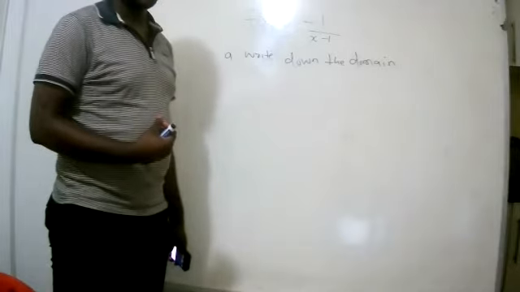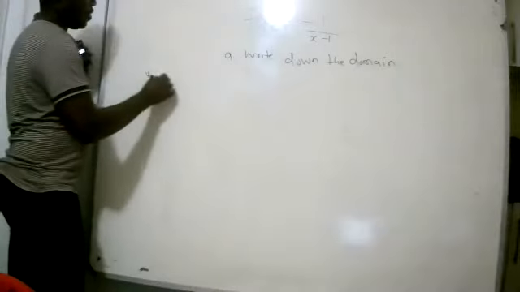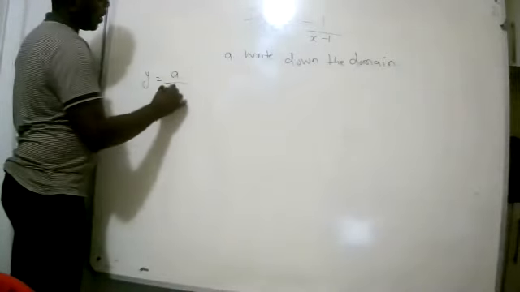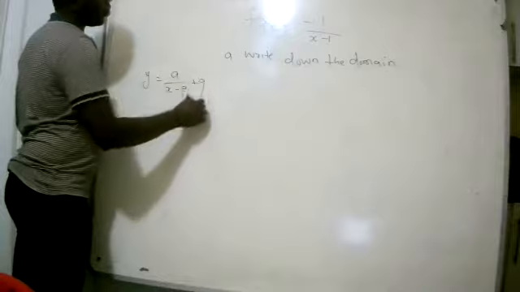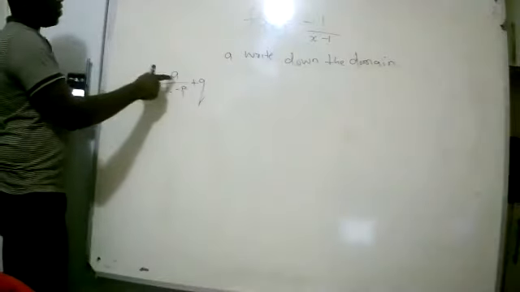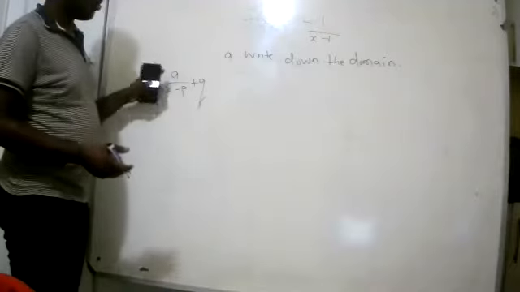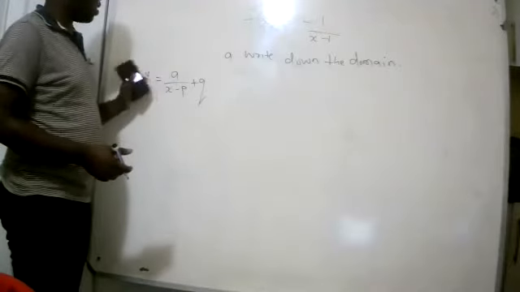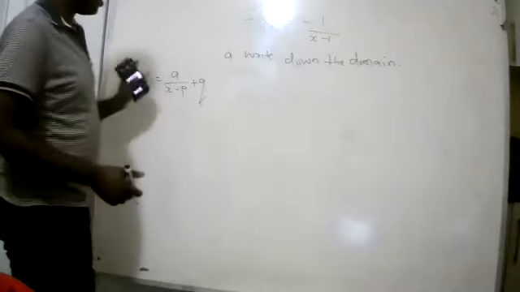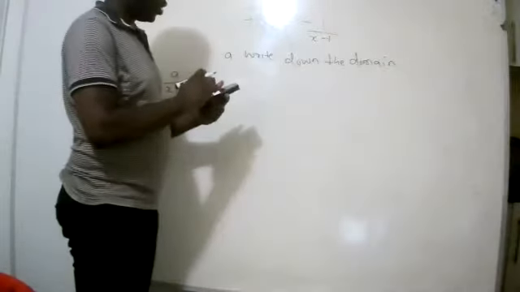Isn't it hyperbola? Yes, it's hyperbola, because hyperbola is given by the formula a divided by x minus p plus q, where p, q represent the asymptote, and a tells you on which quadrants we have our function. I will remind you when we do the question.